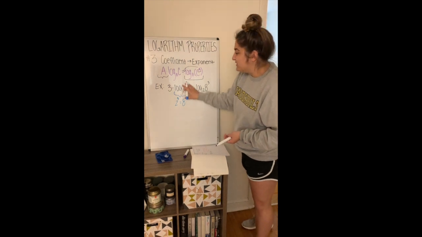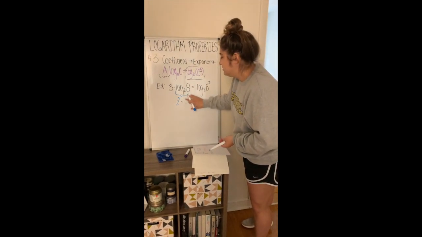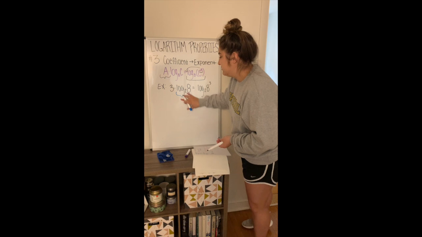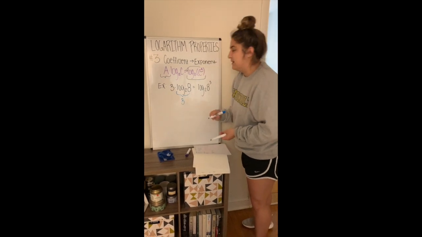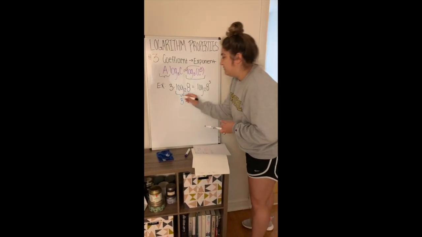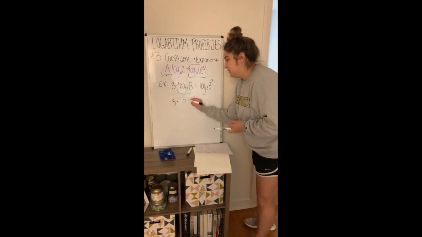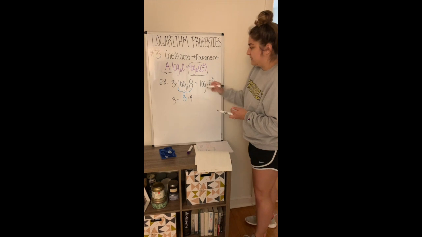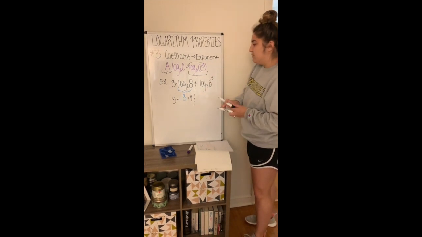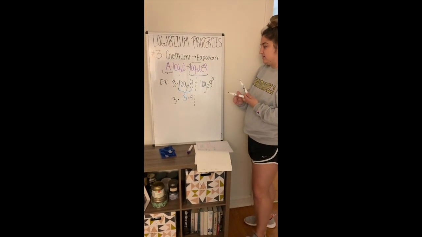So this whole logarithm is really just equivalent to 3. So I have 3 times 3, which gives me 9. And we want to see if this also equals 9.